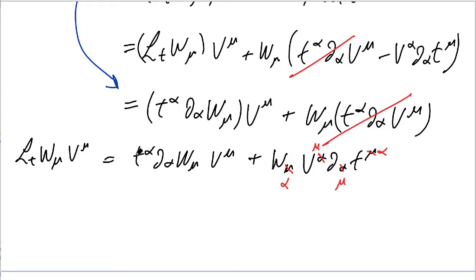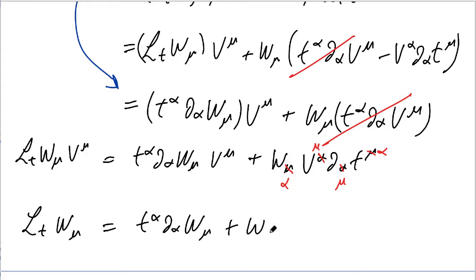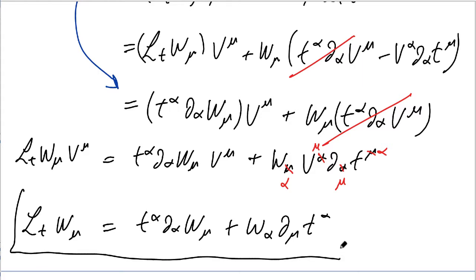Now we can cancel the V^mu's across this expression. What we're left with is the Lie derivative of W is equal to t^alpha partial_alpha W_mu plus, from here, W_alpha partial_mu t^alpha. So this is how the Lie derivative acts on a covector.